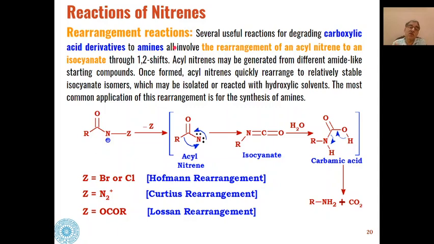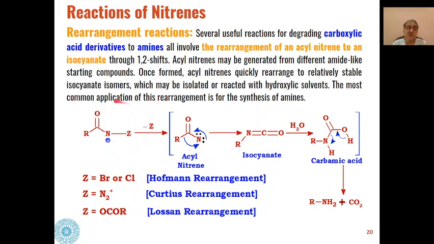So in all these rearrangement reactions, the product formed is the same, that is amines, formed through nitrenes as the intermediate. The starting material is different, but in all cases it is derived from carboxylic acids.